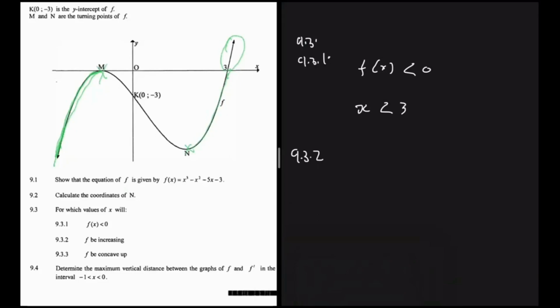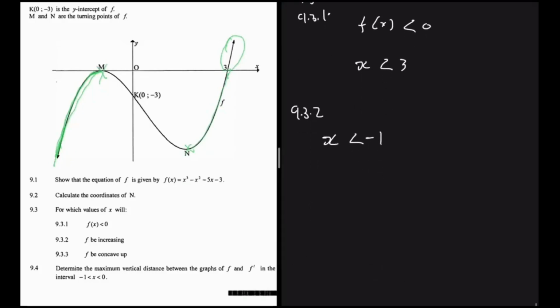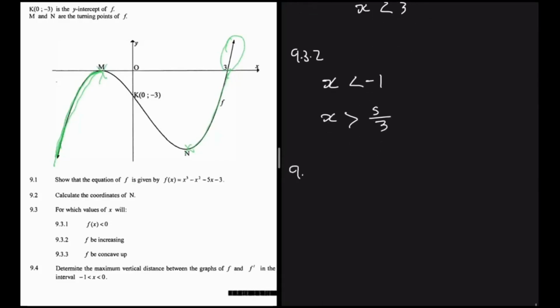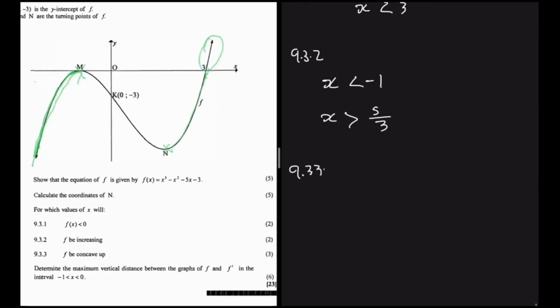We calculated it to be -1, right? So we're going to say when x is less than -1, it is increasing. And then another point is when x is greater than the x coordinate of n, which is 5 divided by 3.